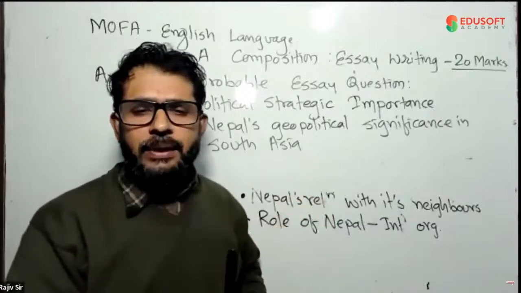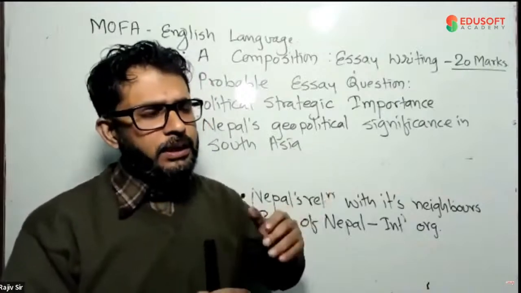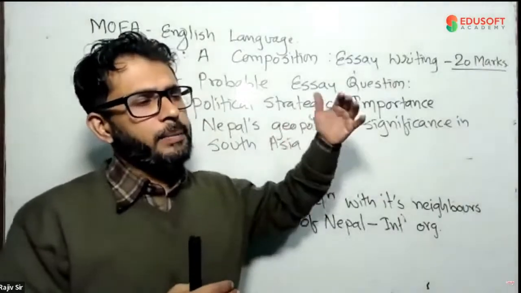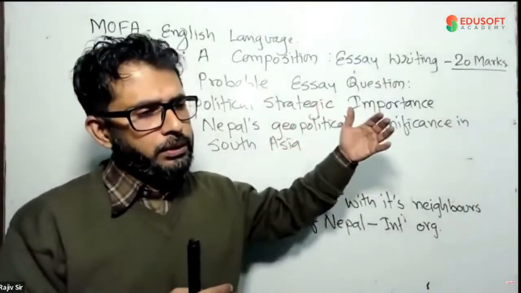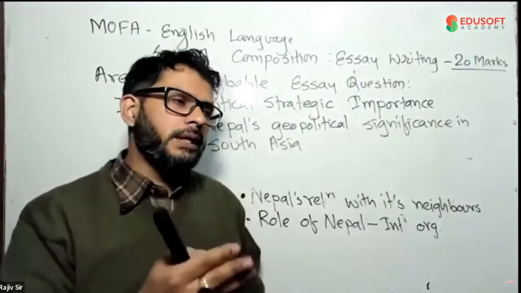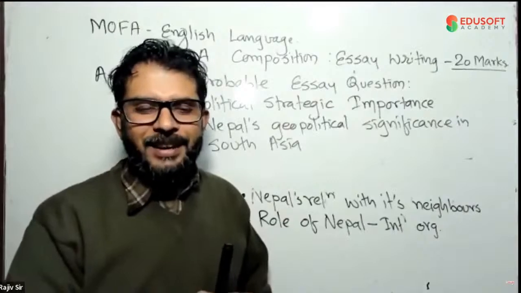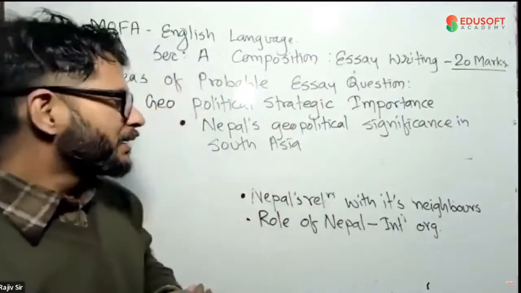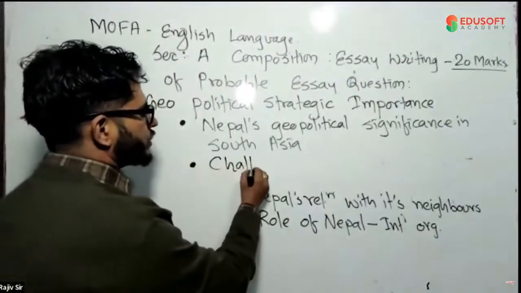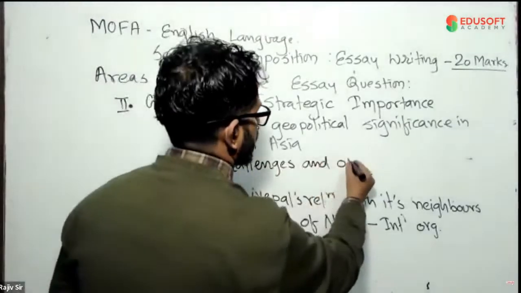It has great geopolitical significance in South Asia because it is surrounded by two economically growing bulldozers, India and China. Both of our neighboring countries hold half of the population of the world. So there are lots of opportunities, but at the same time, students, there are also challenges.